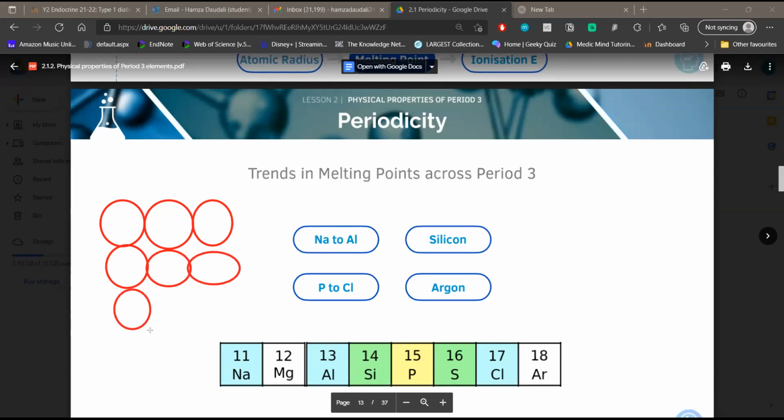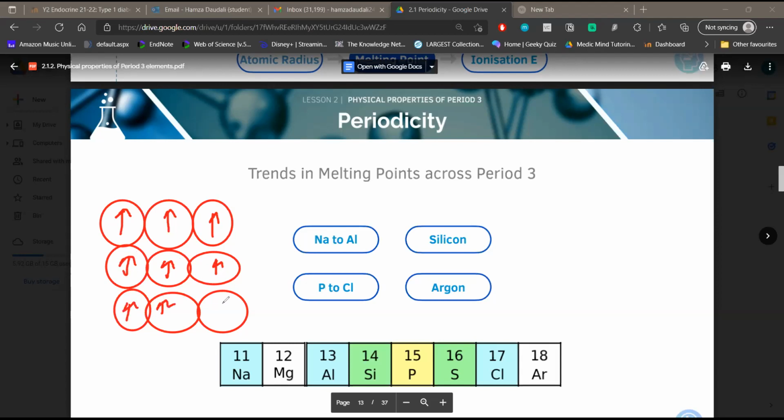Now, as we go from sodium to aluminium, the strength of these positive nuclei increases. Remember, sodium is +1, magnesium is +2, aluminium +3. So the strength of this positive attraction is going up, which means that the strength of their attraction to the sea of delocalized electrons is also going up.